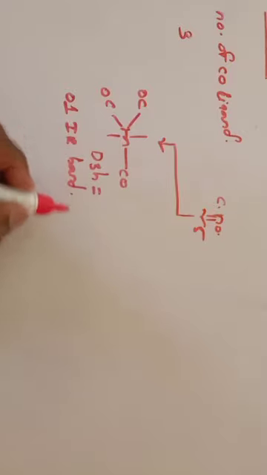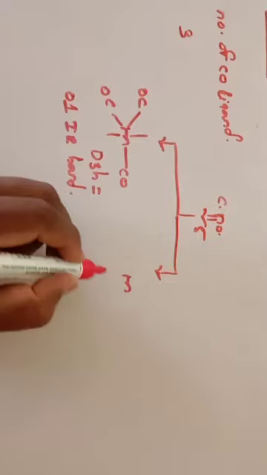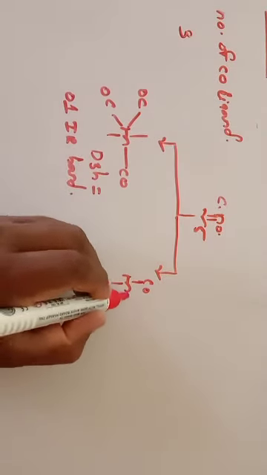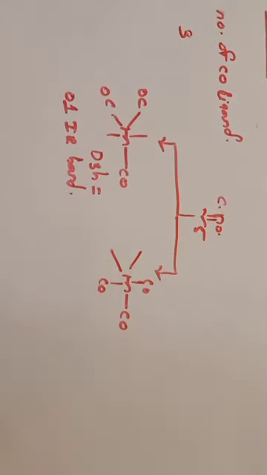The second possibility is that 2 CO ligands are in axial positions and 1 CO is equatorial, and the 2 equatorial positions are vacant.